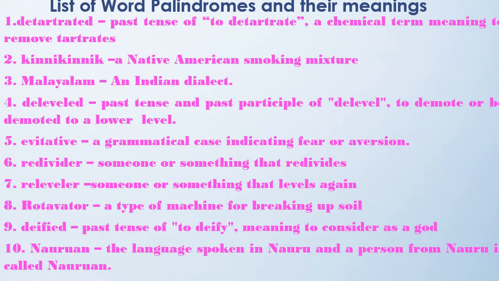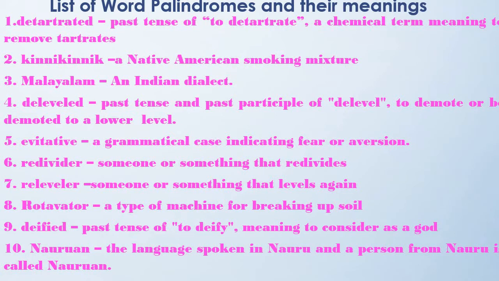Here is a list of word palindromes and their meanings. Let us have a look at it. Detartrated is the past tense of to detartrate, a chemical term meaning to remove tartrates. Kinnikinnick is a Native American smoking mixture.